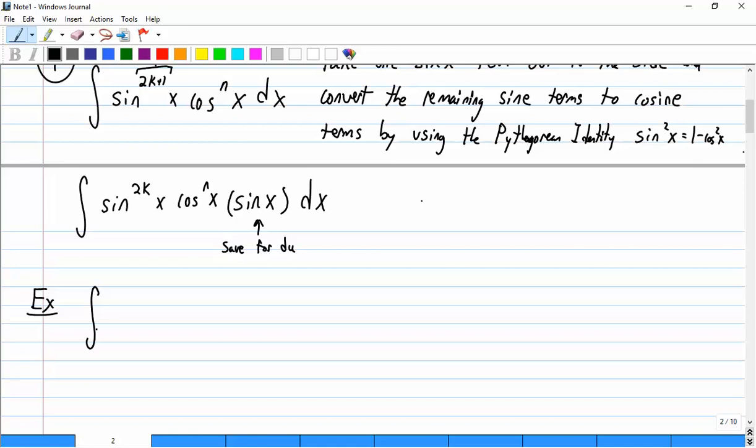Let's say that I had the integral of sine cubed x cosine to the 8th x dx.